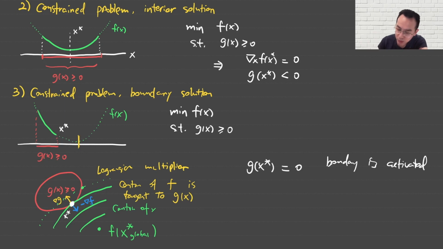So the boundary needs to be activated. Our optimal is exactly at the boundary. Then the second one is that the gradient vector of the function f has to be in the same direction as the gradient vector of the function g. So this equals zero, right? This is the Lagrangian multiplier.